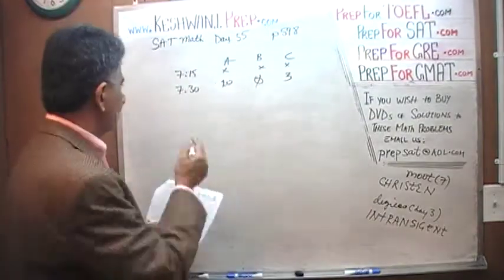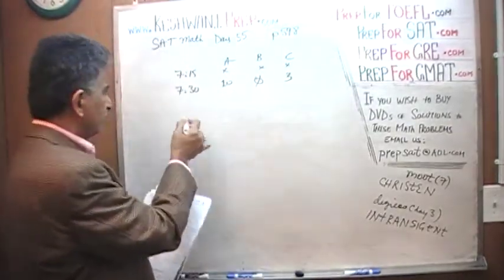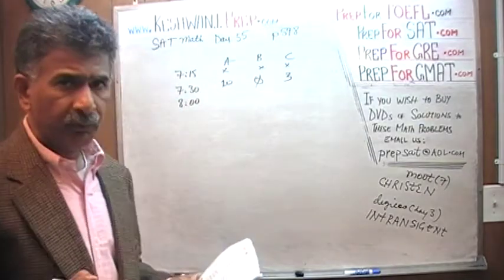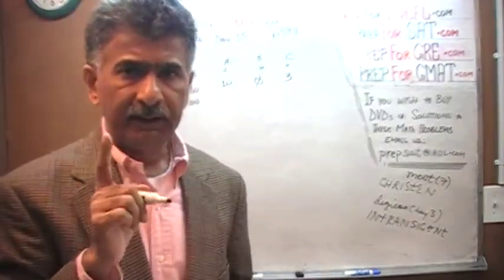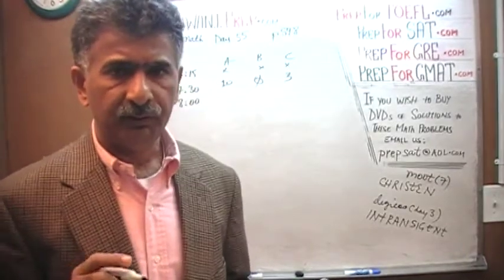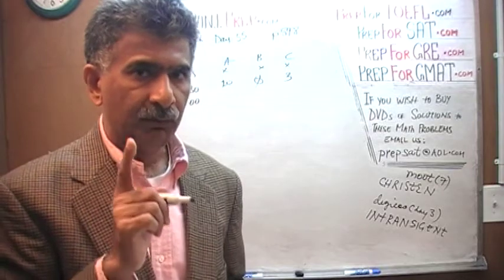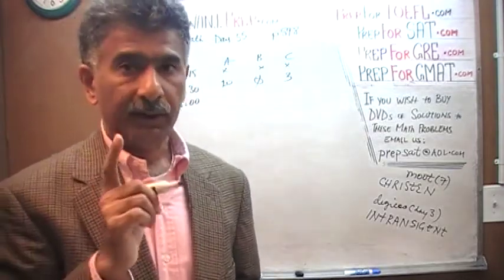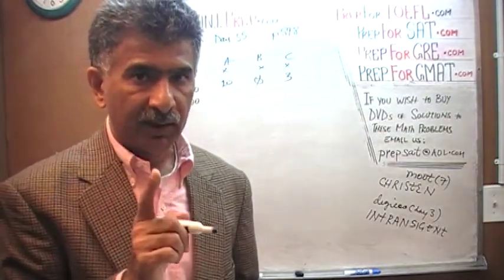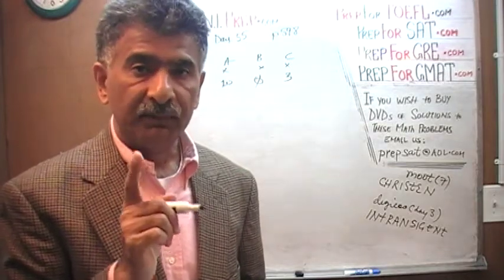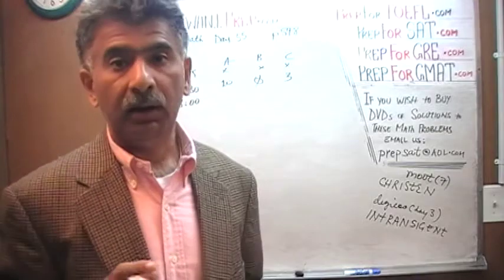Let's move on to 8 o'clock. We're not going to worry about 7:45. Nothing is going to happen at 7:45. At 8 o'clock is where things get tricky. Clock type A, as we just went through it, chimes n times on nth hour. So at 8 o'clock, each one of these clock type A, and there are 10 of them, each one of them is going to chime 8 times because it's 8 o'clock.